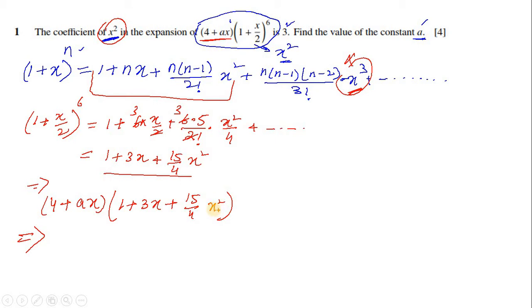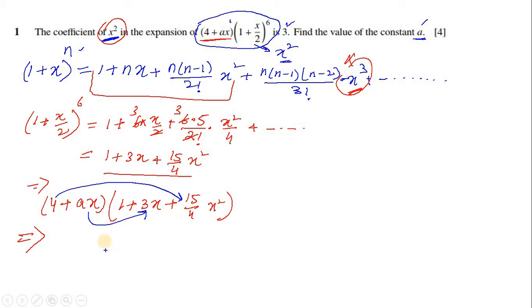So you have to multiply only 4 with the last term, which gives a term involving x square, and ax with the 3x, so you have only two terms involving x square.